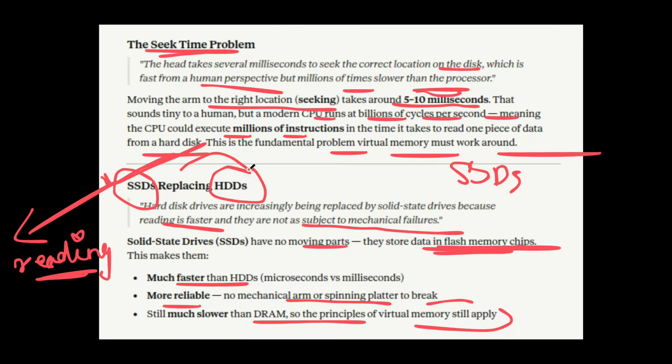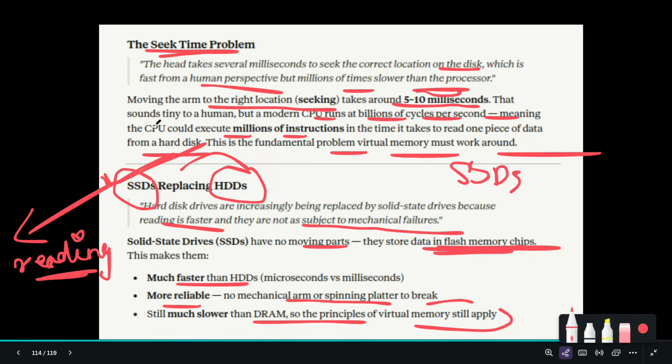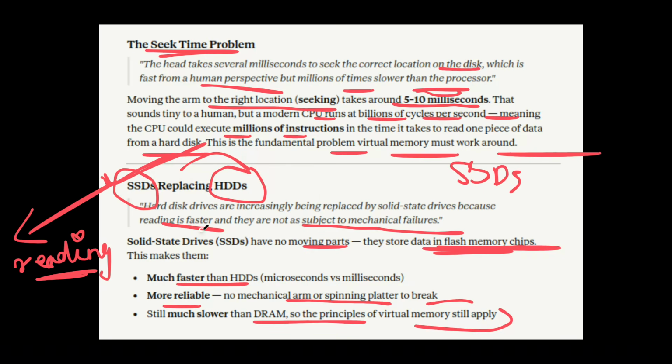So it is faster than HDDs. Okay, there is a microsecond versus millisecond difference between them. Fine, let's understand that. Though these properties are there, it is much slower than DRAM. That is why we still say that SSD is part of our virtual memory.